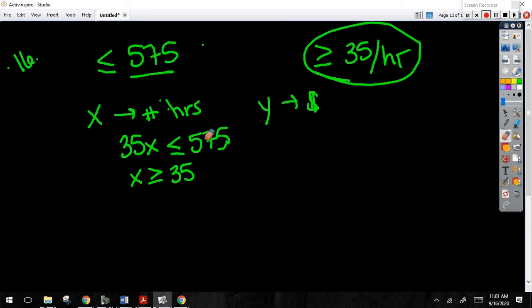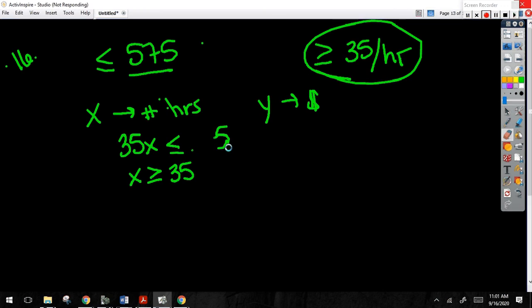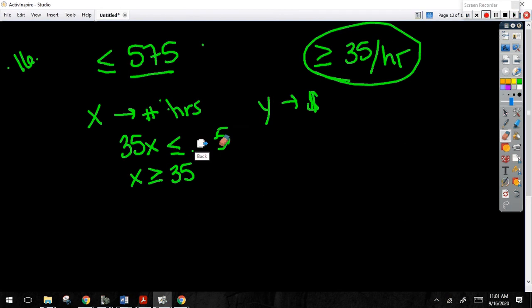That's going to be my third equation. And now, but my Y has to stay less than or equal to 575.